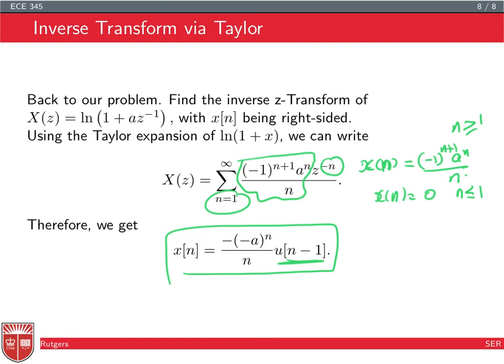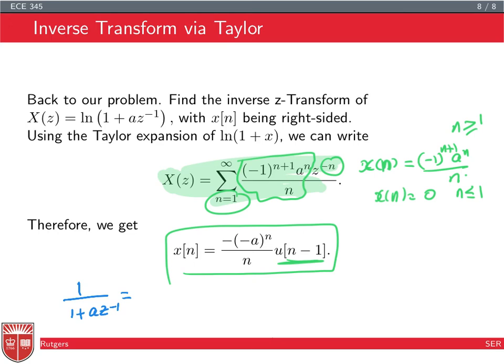One more thing I wanted to mention is that there is another way to get this Taylor expansion, and I want you to do it at home. You can write 1 divided by 1 plus az^-1 as a power series.